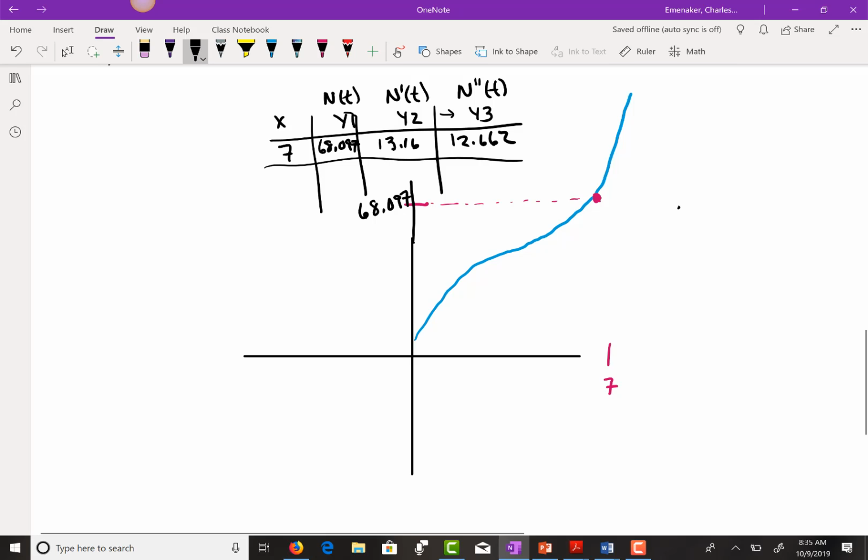y2 is talking about the derivative, and derivatives are always, begins with an S, slopes. Way to go, Jake. Thank you. Okay, derivatives are slopes. What the second value in that table is talking about is the slope of this tangent line.